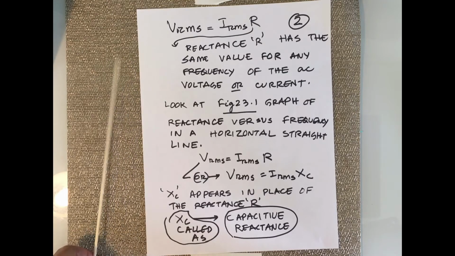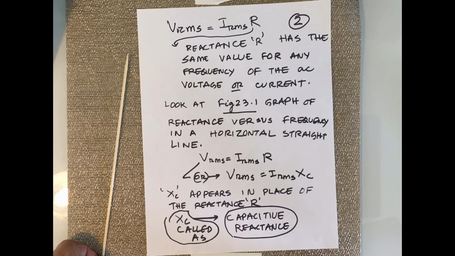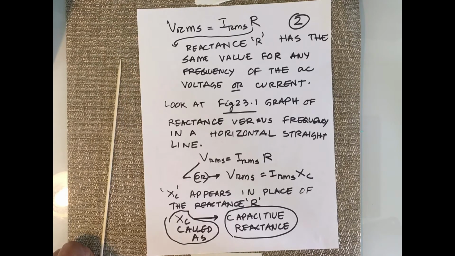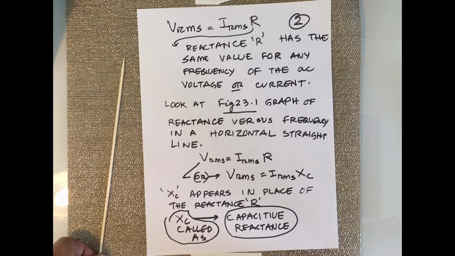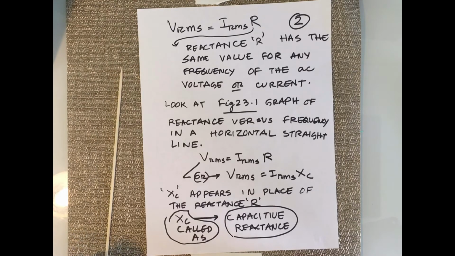Here we have a similar way: V equals IR, or in RMS terms, VRMS equals IRMS times R.